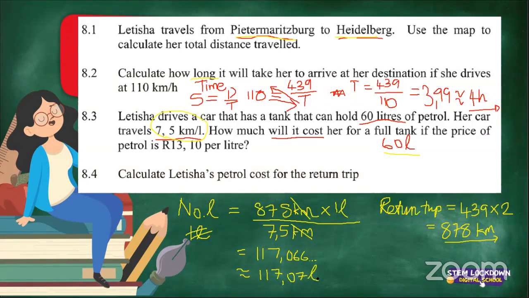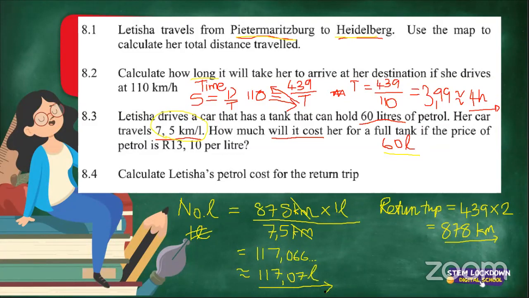Well done. Now, lastly, calculate the cost of petrol for the return trip. If the return trip is 878 kilometers and requires 117.07 liters, how much will it cost to purchase 117.07 liters?